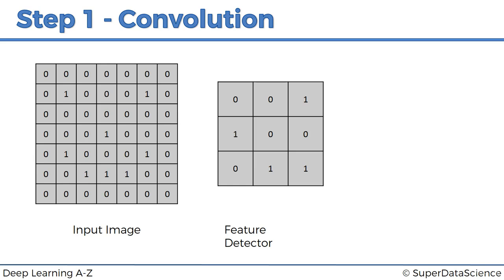Also, these are important terms because you might come across them. There are many different terms for the feature detector, but the most common ones are feature detector, or you might hear it being called kernel, or you might hear it being called filter. So in this course, we're going to be using either filter or feature detector interchangeably, but just bear in mind that it has those names.